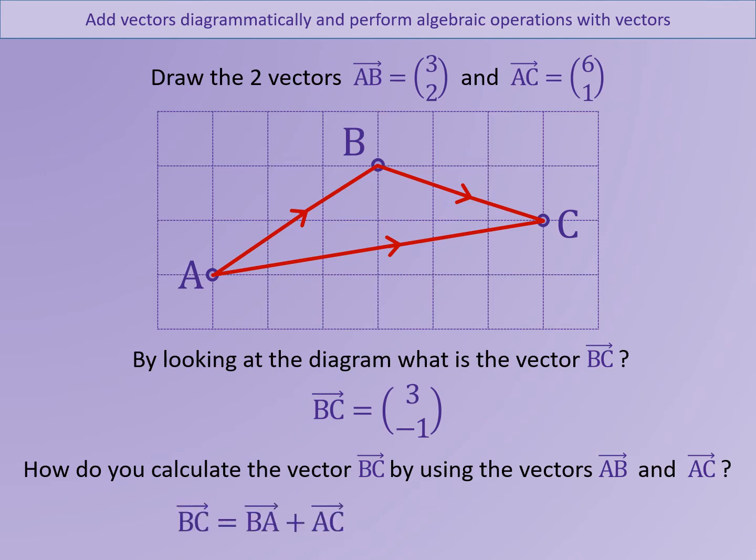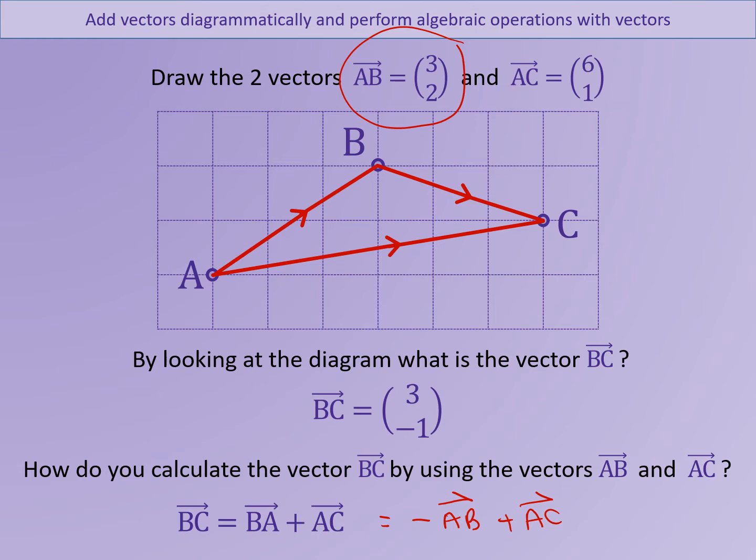So the vector BC can be found by working out BA plus AC. You may see this written in a slightly different form as well. So it could be written as -AB plus AC. Now I'm giving it in this form because that's what the original form is given within this question.